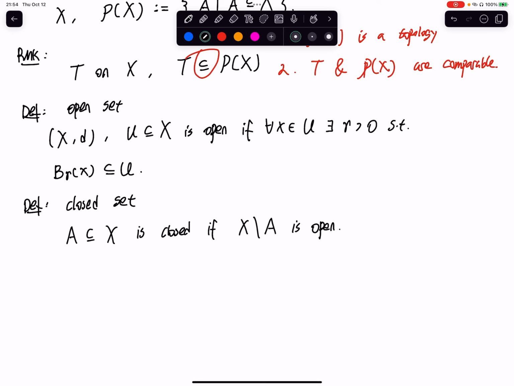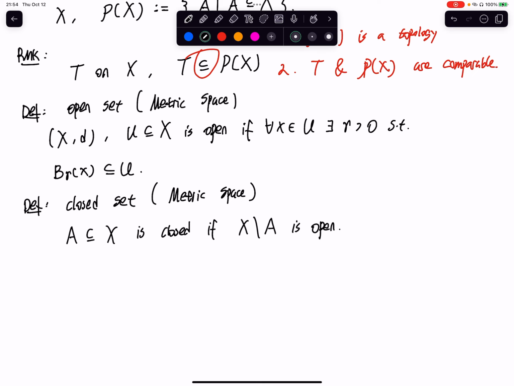Note that even though we're defining open sets and closed sets in such a way, by taking complements, so that one is the complement of the other, note that we are in a metric space. But in a topological space, there are sets that are mutually open and closed. This is very counterintuitive.